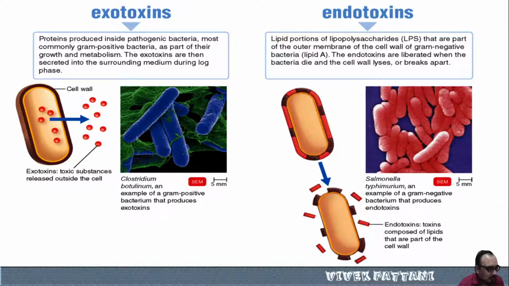Then comes a term, toxemia. What is toxemia? It refers to the presence of toxins in the blood. Please write down: toxemia refers to the presence of toxins in the blood.